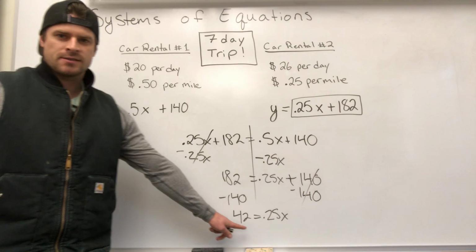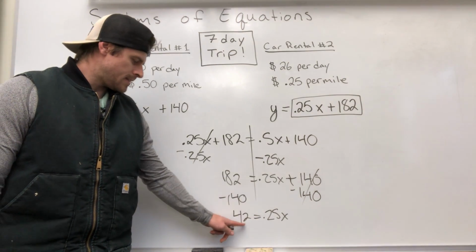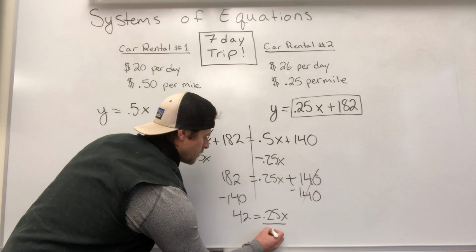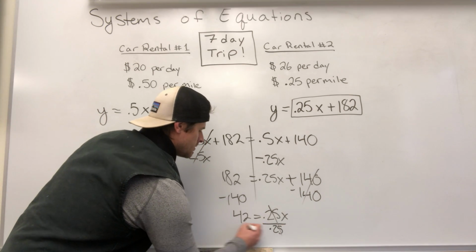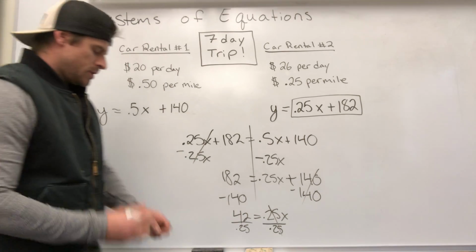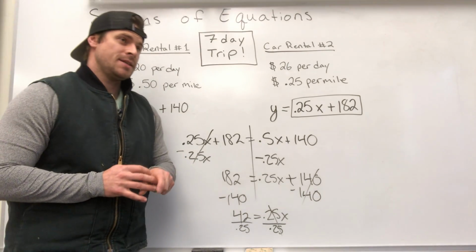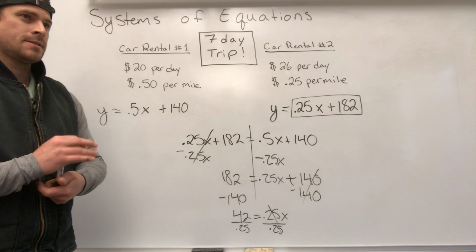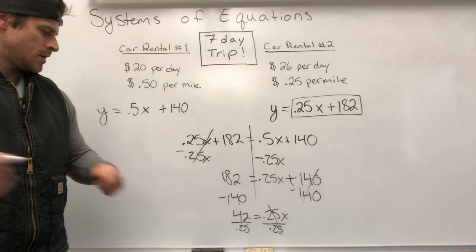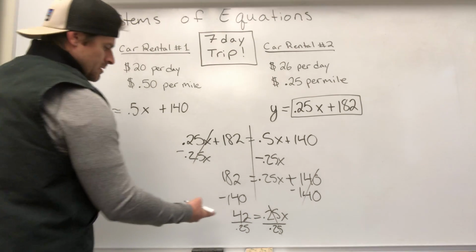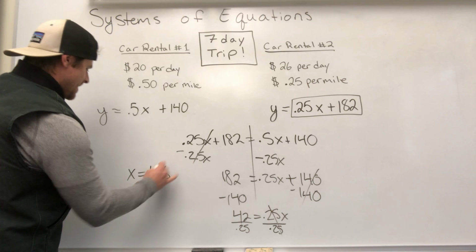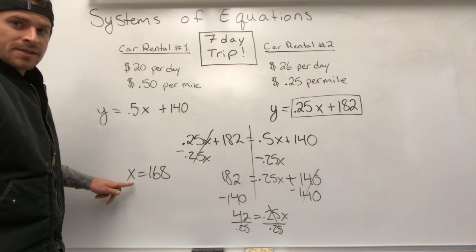My last and final step is to divide by 0.25. Divide by 0.25, cancels, divide by 0.25. 42 divided by 0.25 is going to be 168. So X is going to equal 168, which remember X is representing my miles.